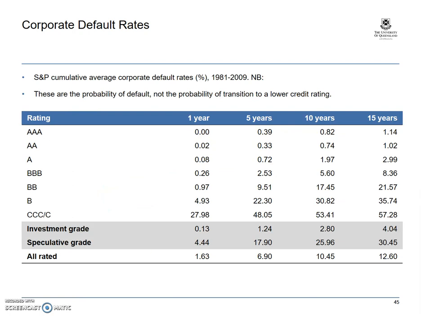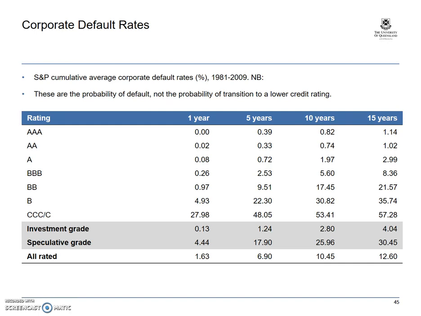So what's the history been in terms of corporate default rates? Well, Standard & Poor's has a cumulative average corporate default rate, and they looked at a period from 1981 to 2009, and it shows the probability of default for particular bonds with the credit ratings.